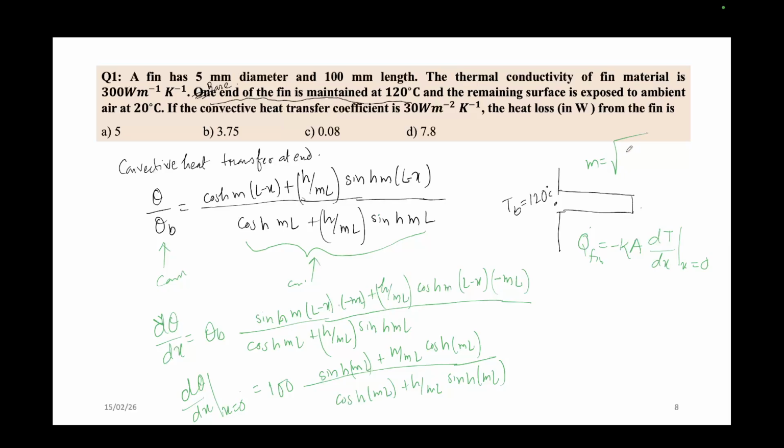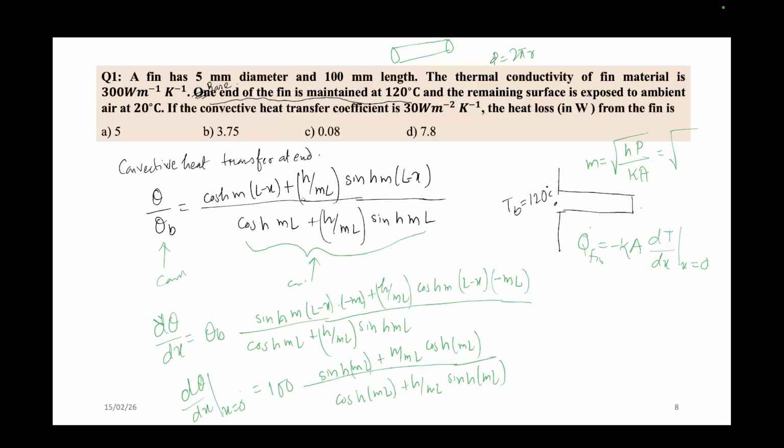What is m? This one is important. So what is P here? This is a fin having a diameter. So the perimeter should be 2 pi r.